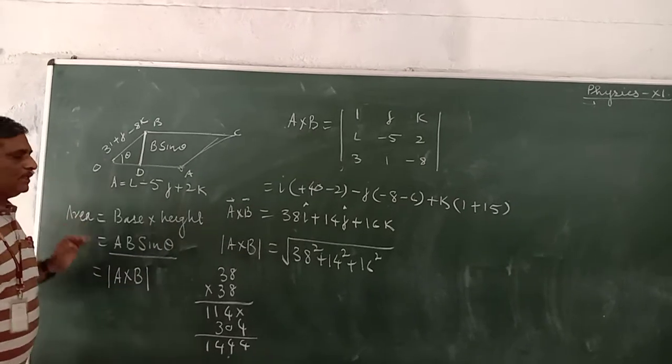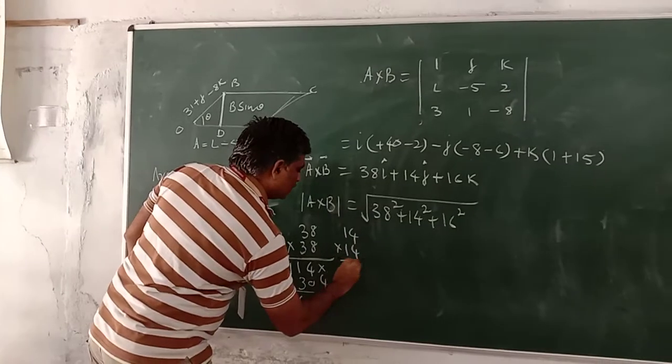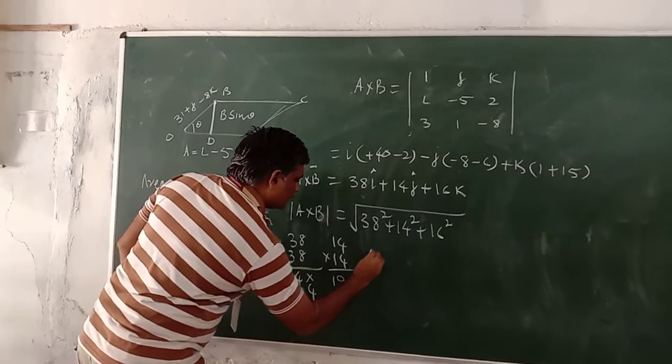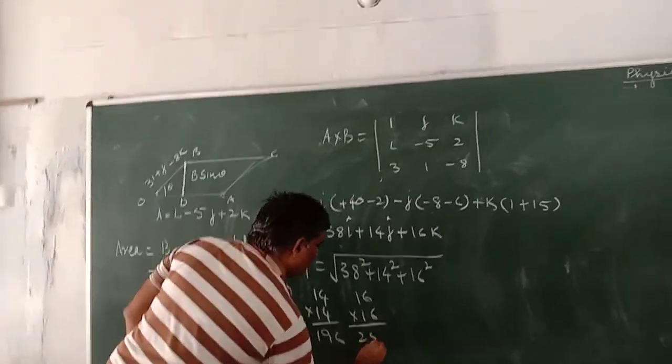This is the square of 38. 14 squared, 14 into 14, is equal to 196. 16 squared is equal to 256.